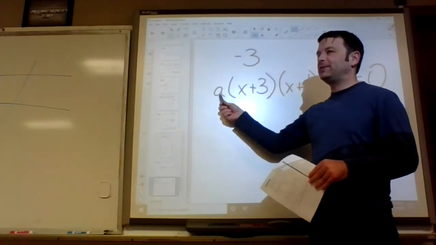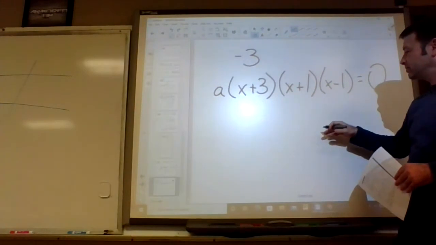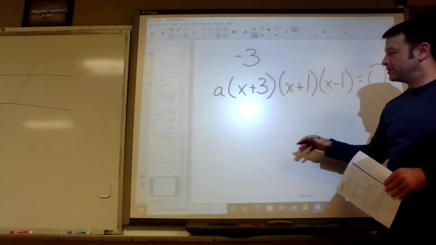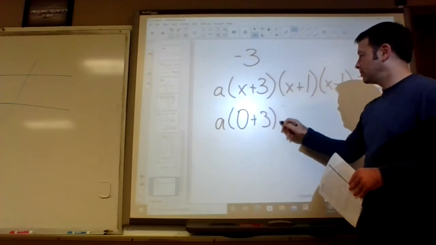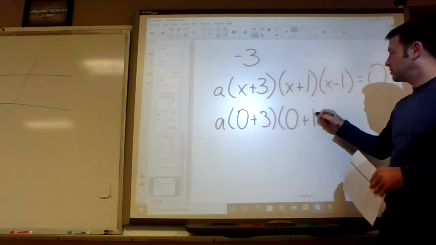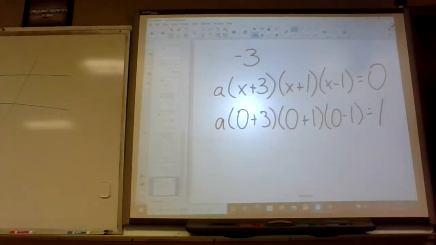So we have to figure out a multiplier so that when x is 0, the function value is equal to 1.